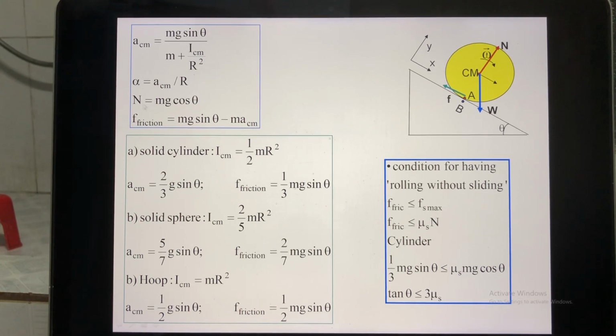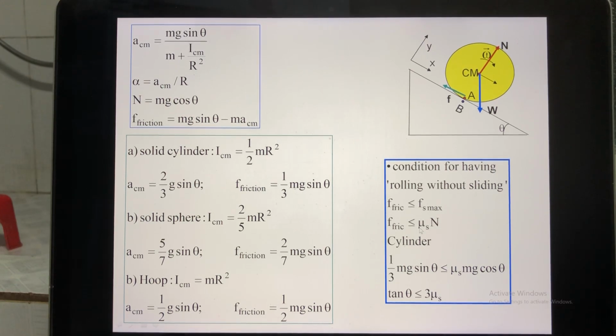You get a, you divide by R, you have alpha, and you have a friction like this. Okay. Next, if it is a solid sphere, you do the same, because only I is changed. So everything following I will be changed. Or if you have a hoop, so I is like this. So you have a and friction like this.